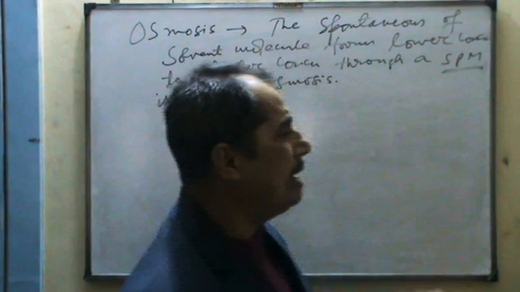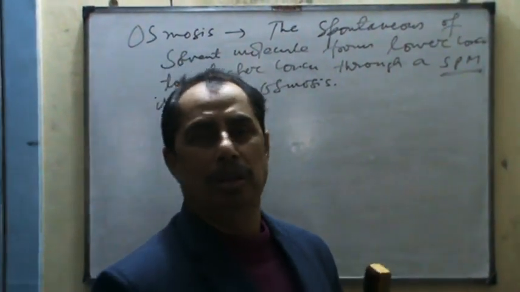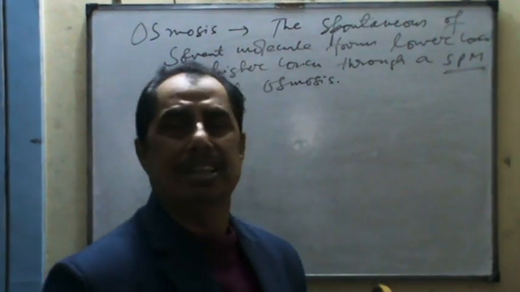What is a semi-permeable membrane? The membrane which allows the solvent molecules to pass from lower concentration to higher concentration.